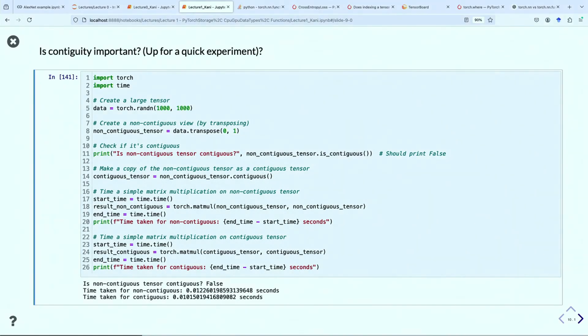So 20% isn't especially significant in this case, but when you're dealing with massive models, it could be significant, right?